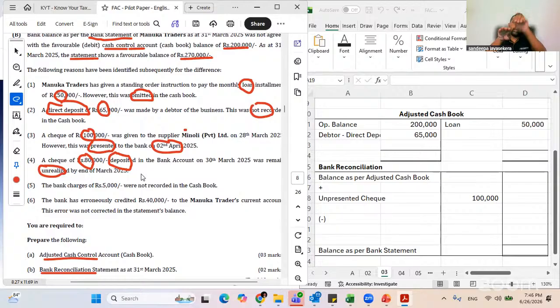You have deposited 80, so the cash book balance is high. It has not been realized by the bank yet, so the statement balance is lower. From where to where are you going? From the cash book to the bank statement, from higher to lower, so you have to deduct.